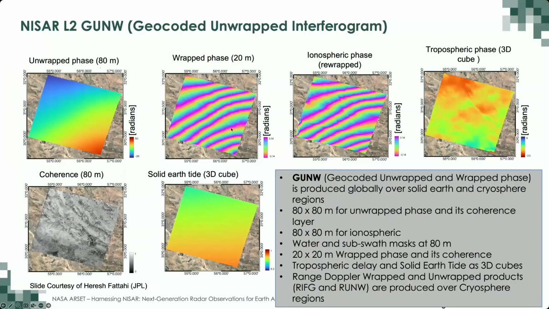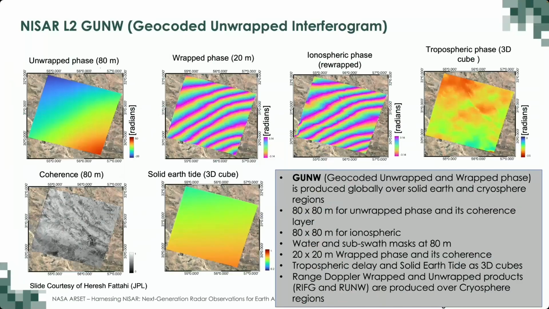They actually include the wrapped interferogram within the GUNW file at a much higher resolution. This is at 20 meters pixel spacing. And the wrapped interferogram then has these individual color contours that are all of the phases between minus pi and pi that repeats across the scene. And another key layer is the ionospheric phase. In this particular slide, the ionospheric phase is normally unwrapped.